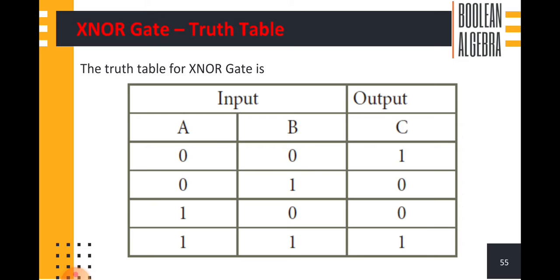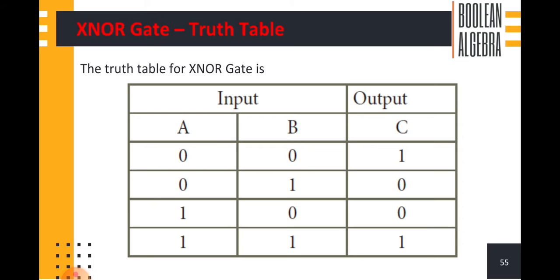What is the output when the inputs are the same? When A and B are both 0, we get the output 1. If we pass different inputs, 0 1 or 1 0, we get the output as false, that is 0. Again, when we pass the input 1 1, which is the same inputs, we get the output true. So this is the truth table for the XNOR gate.